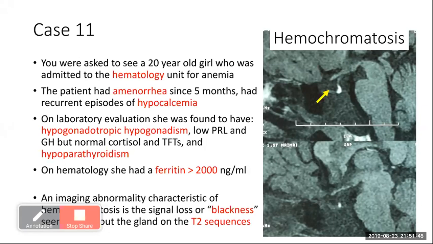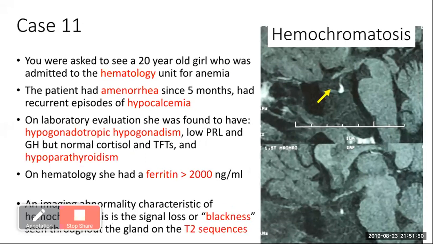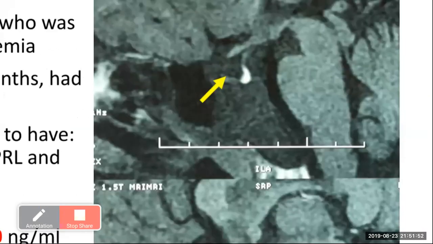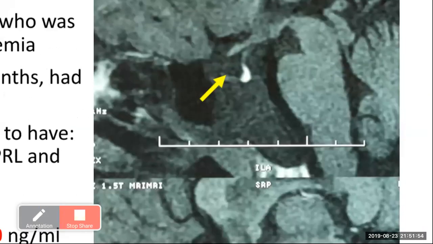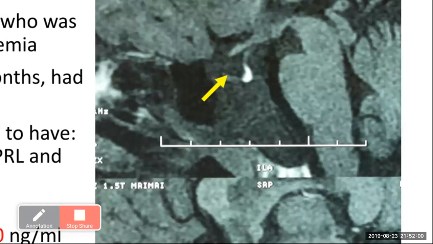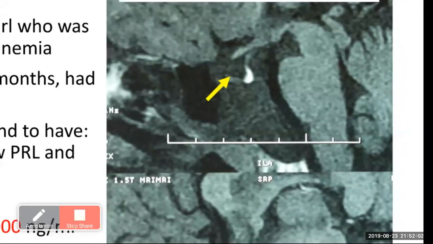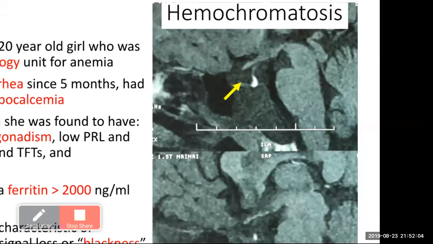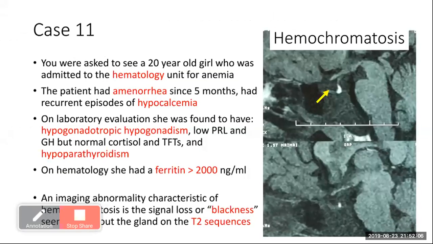Here, there is no anterior pituitary, just a black area, and just after it, we see the bright area here, which is the posterior pituitary. This is because of the iron accumulation in the anterior pituitary. It seems low intensity. This is the most important radiologic sign to diagnose hemochromatosis, the absence of the signal of the anterior pituitary.